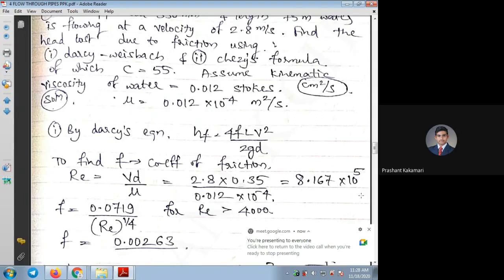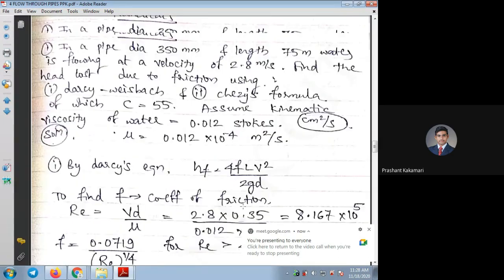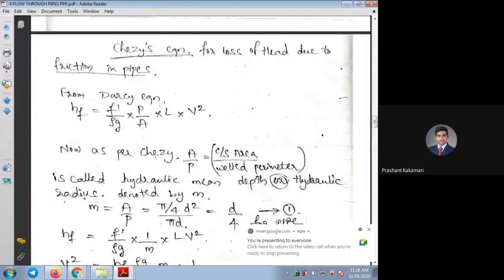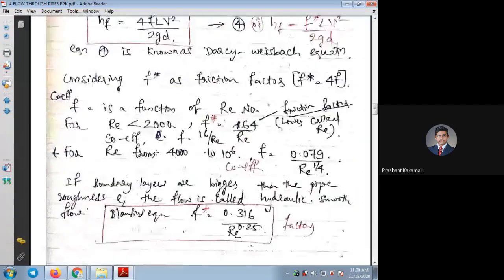So if it is plus 5, it is crossing the 4000 value. By this one can understand the Reynolds number of the flow is in the turbulent range. So for the turbulent range, what type of relation do we need to use? For Reynolds number above 4000 up to 10 raised to 6, if you take one term outside, 8 point something, it is 10 raised to 5.